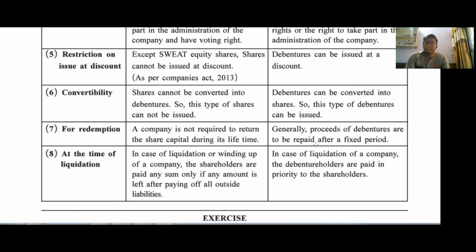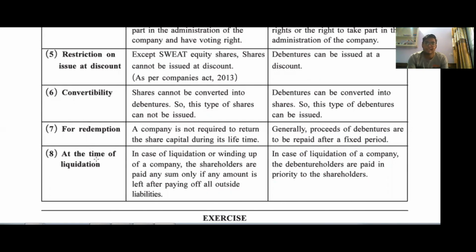Remember the first lecture of this chapter where I said that other than infrastructure companies, there is a time limit to repay the debentures, that is within 10 years. But for shares, there is no repayment time. It means the company holds the shares till the end of the life of the company, or we can say that other than liquidation, equity shares are not returnable.